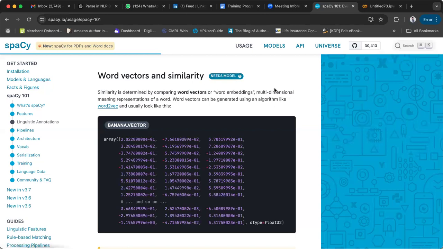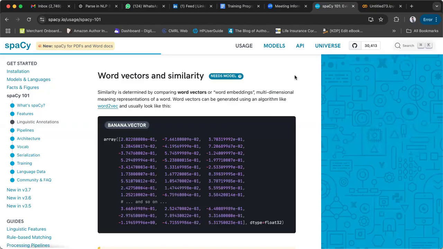Similarity is determined by comparing word vectors or word embeddings, the multi-dimensional meaning representations of a word. Even in Tamil, Telugu, or English, one word has multiple dimensions and multiple meanings, because we follow some kind of dictionary, some kind of hierarchy, some organized way of representing or grouping words. Here also the same kind of information is working.